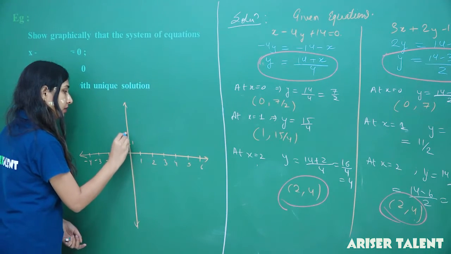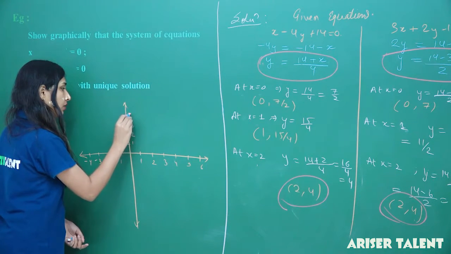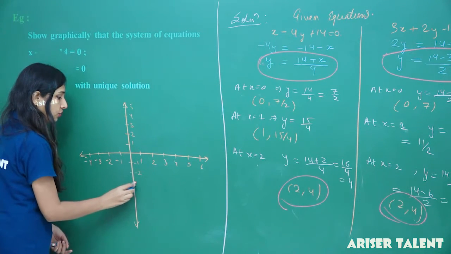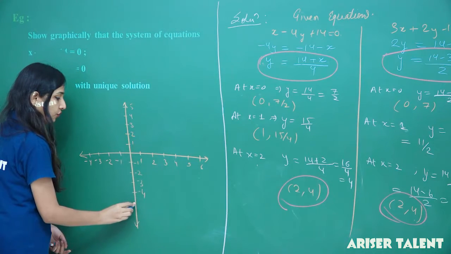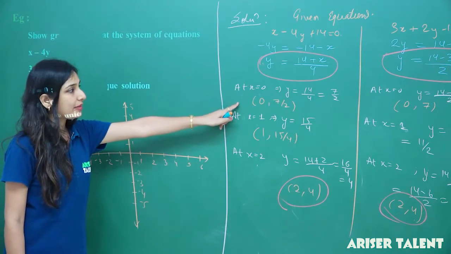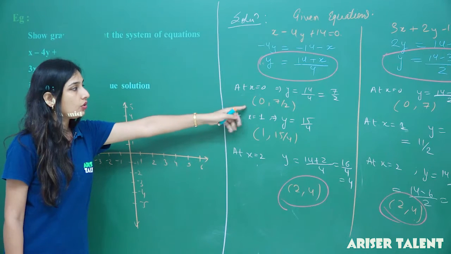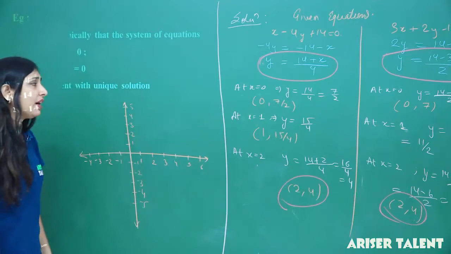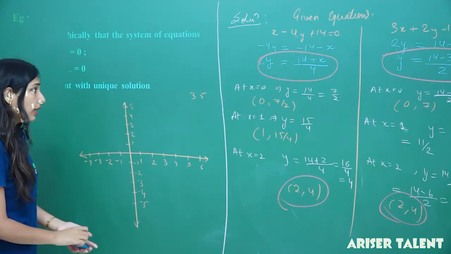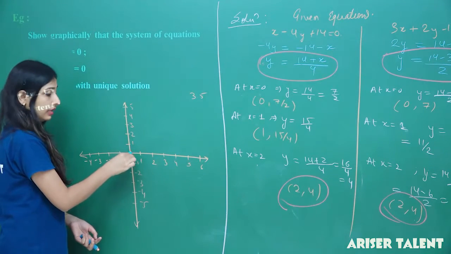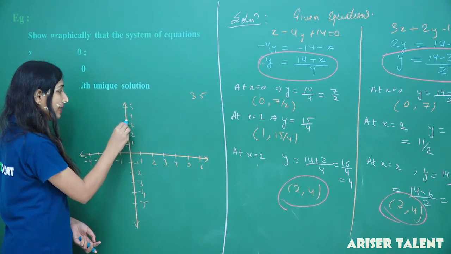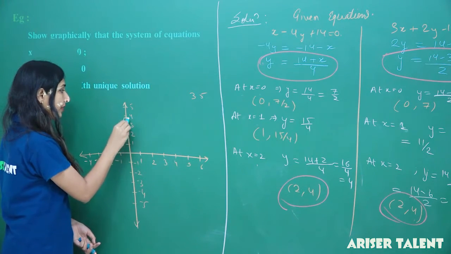Okay, so 1, 2, 3, 4, 5. Let's suppose minus 1, minus 2, minus 3, minus 4 and minus 5. Right. So, I am having these points. Let's suppose I am taking this 0 and 7 by 2. Now, what is 7 by 2? This is 3.5 simply. So, at 0 x and 3.5 y. So, 3.5 y will be here. So, this point is here.